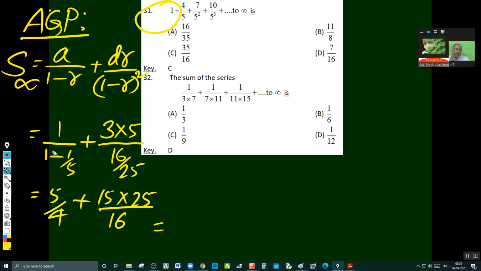A by 1 minus R, correct. dr means 3. Sir, it should be 3 into 1 by 5, right? That's why you're going wrong there. So you will have 3 by 5, means 5 gets cancelled there in the denominator. Only 5 comes up.